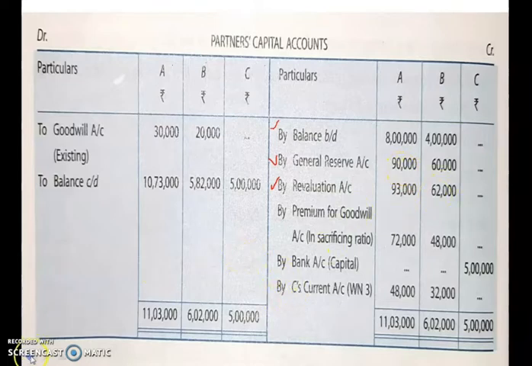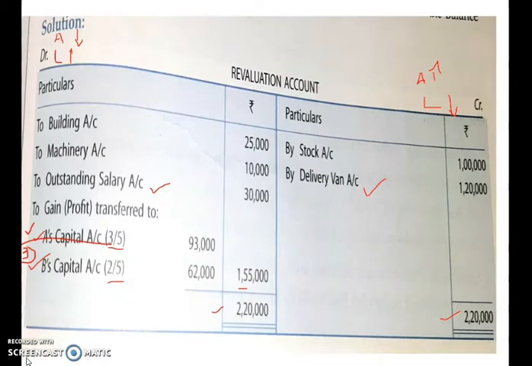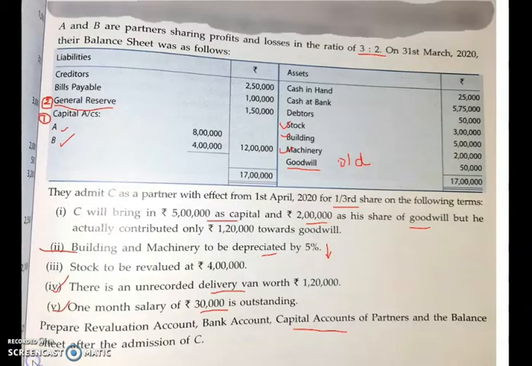Now next item. We have passed these items. Next, what we have to do is go to the adjustments. As mentioned here, you can see the first adjustment: C will bring rupees 5 lakh as capital.